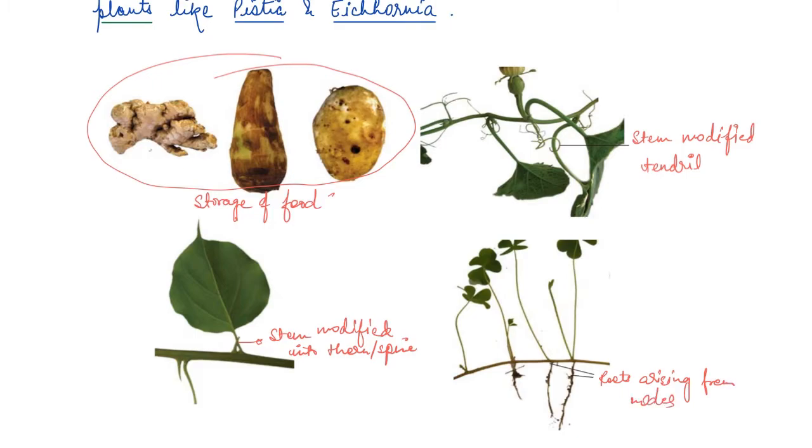And as we studied, the main stem runs horizontally, not vertically, and then you can see upward rising leafy shoots, right? So this also happens in a lot of plants, right? So these are all the modifications of stem.